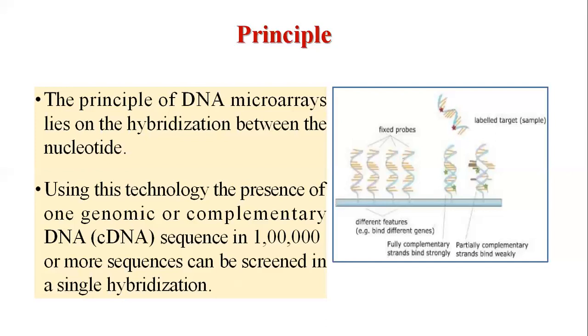This technology is being used for the DNA microarray technique. Using this technology, the presence of one genomic or complementary DNA sequence in 1 lakh or more sequences can be screened in a single hybridization process. This is the novelty of this particular technique.